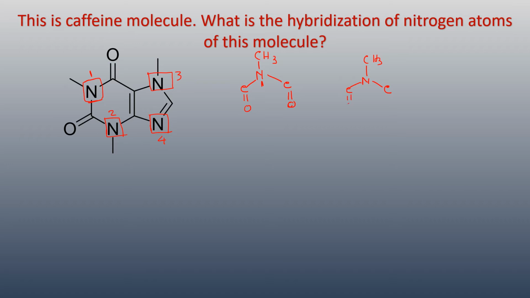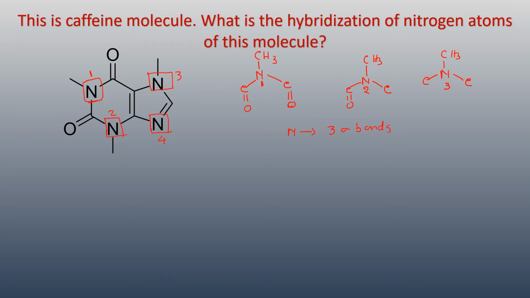So this is nitrogen number 2. And nitrogen number 3 is attached with methyl, another carbon and the carbon of the ring. So now you can see that all the 3 nitrogens have 3 sigma bonds.